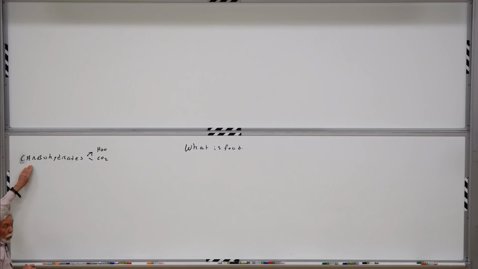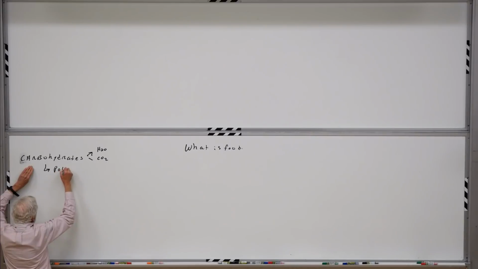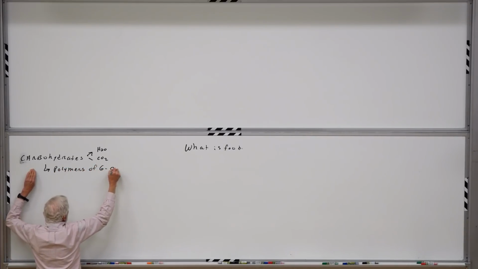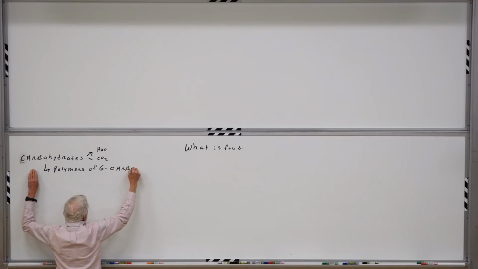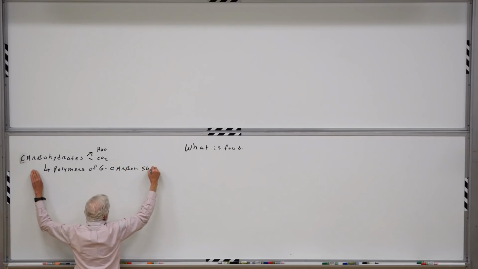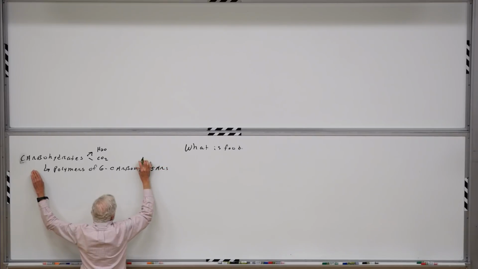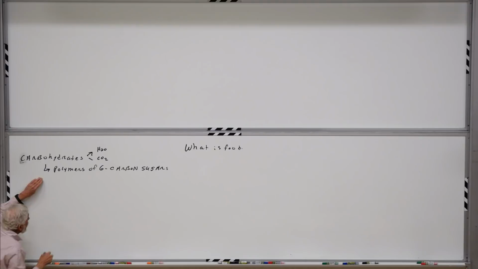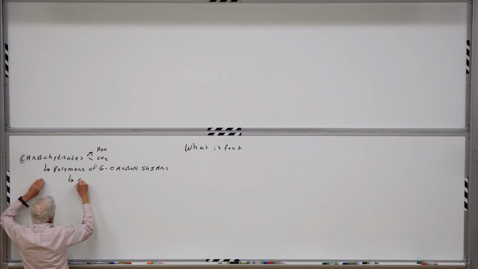We now know that these carbohydrates are made mostly as polymers of 6-carbon sugars. The most common of the 6-carbon sugars we're going to see is glucose.